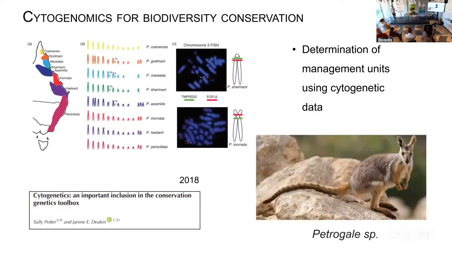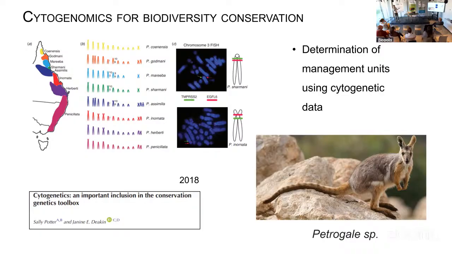Starting from this point, we have this nice example that authors cite in their review about the wallabies. This species is distributed on the east coast of Australia, and no genomic data were available. I mean, only a little about some markers.